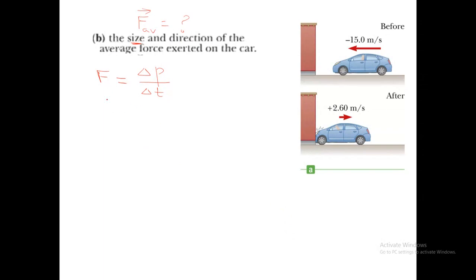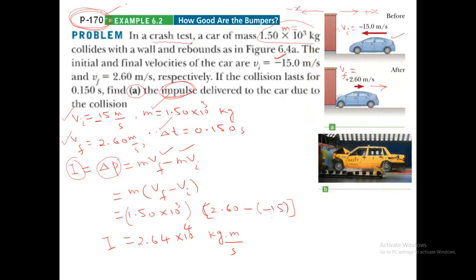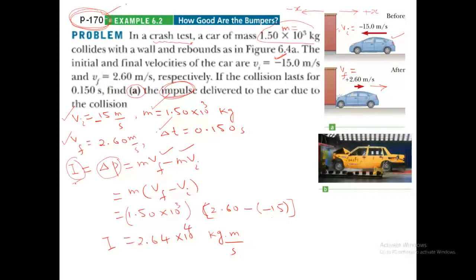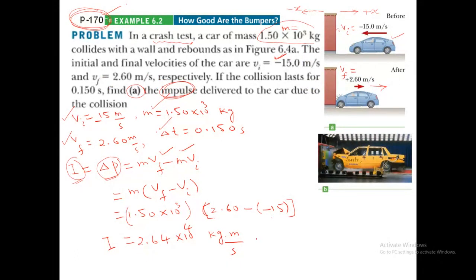So this is the net force or the average force, delta P over delta T. You have already found in the previous part that impulse, or delta P, is this much. You call it impulse or delta P, the same meaning, right?